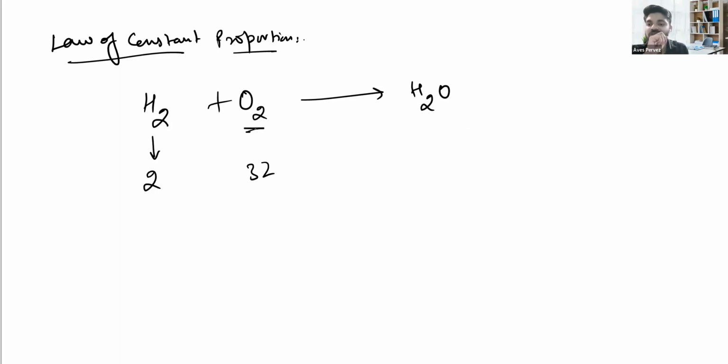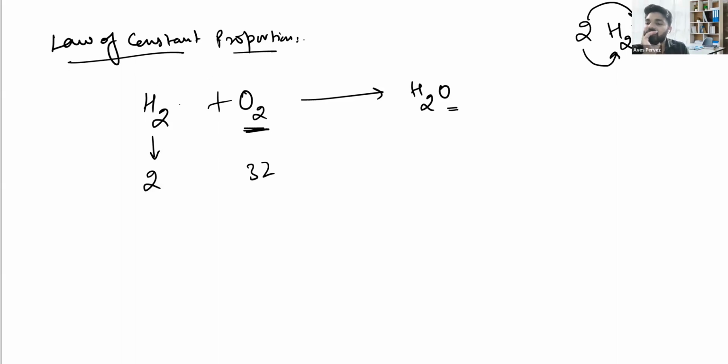You see that here there are 2 oxygen atoms, and here is only 1 oxygen atom. So in order to balance this oxygen, we have to multiply here by 2. So this 2 is not only multiplying with oxygen, it is also multiplying with hydrogen. Okay. You understood? Okay, sir.